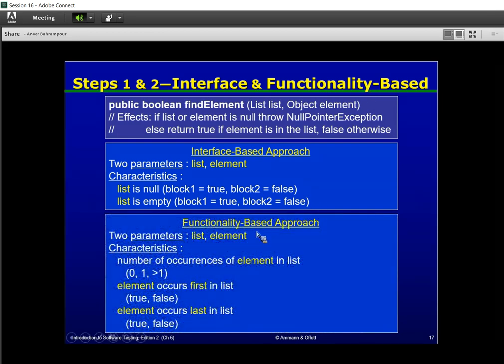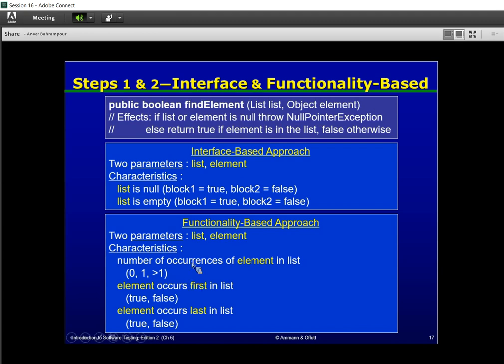But in the functionality-based approach, we consider the functionality of the method. The functionality of the method is defined by the preconditions, by postconditions, by the relationship of its parameters, by the semantics of its parameters, and so on. So in this approach, we have two parameters, list and element, but as we know, the functionality of this method is to search an element within a list.